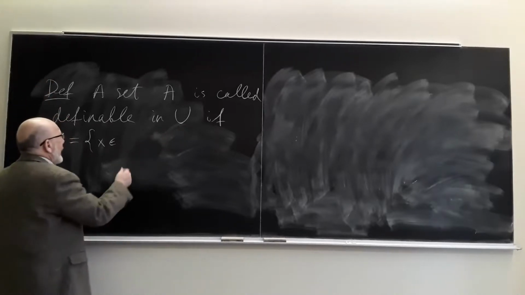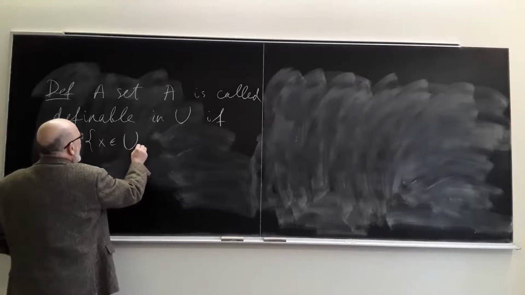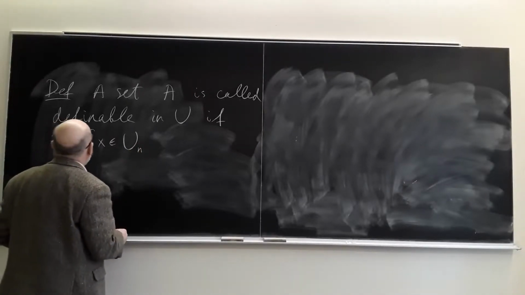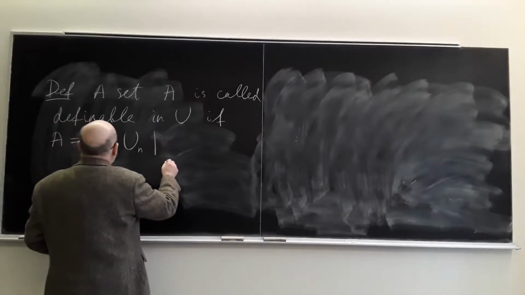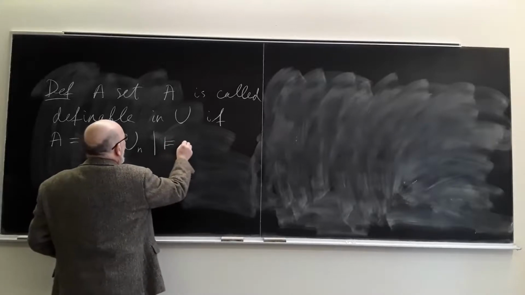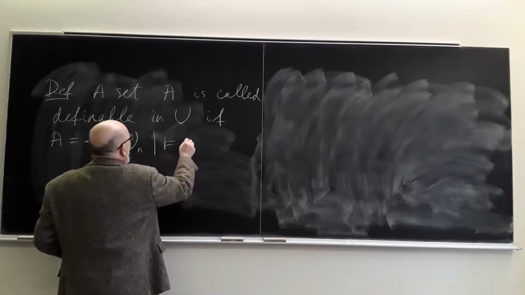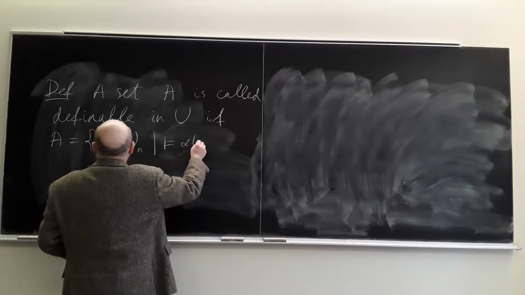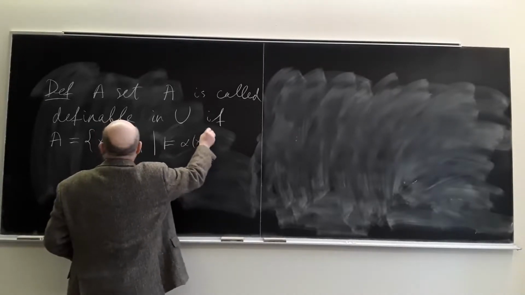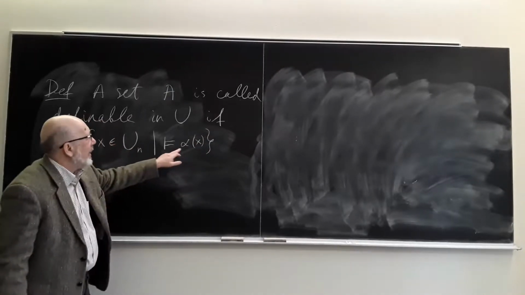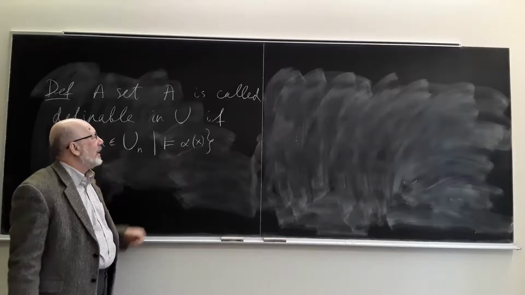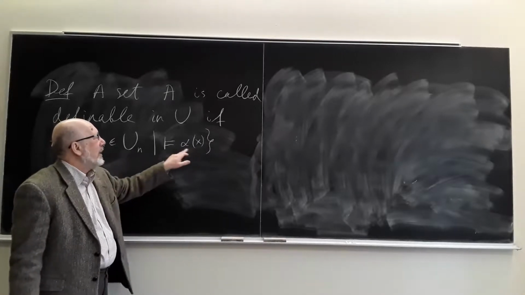So it should be at some level, say U_n, for some n, such that alpha of x. So these elements should satisfy some condition.